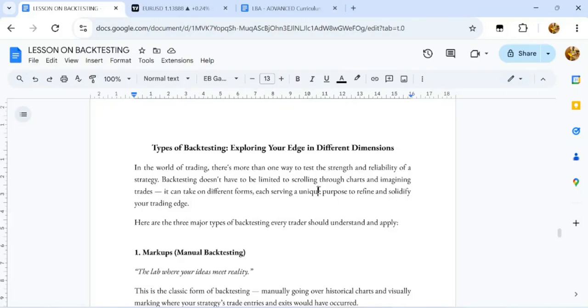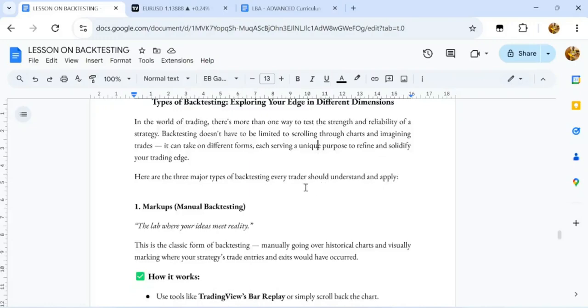It can take on different forms, each serving a unique purpose in refining and solidifying your trading edge. Here are the three major types of backtesting every trader must understand and apply.